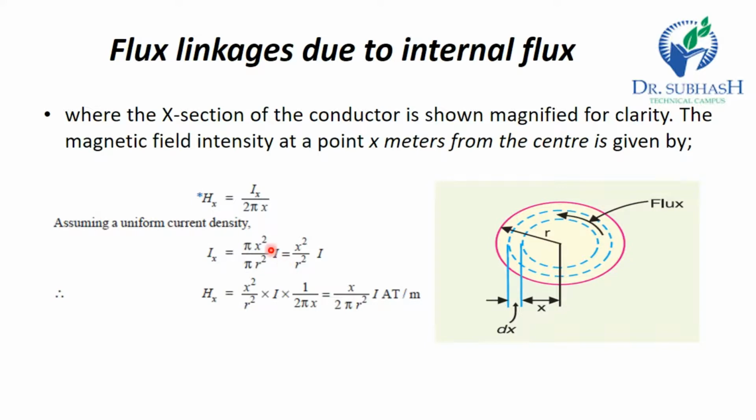Now putting the value of Ix in the above equation, Hx = (x square / r square) I times 1 upon 2 pi x. So the equation of intensity is Hx = x I / (2 pi r square) AT per meter.